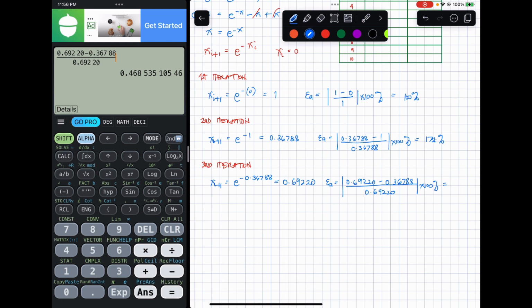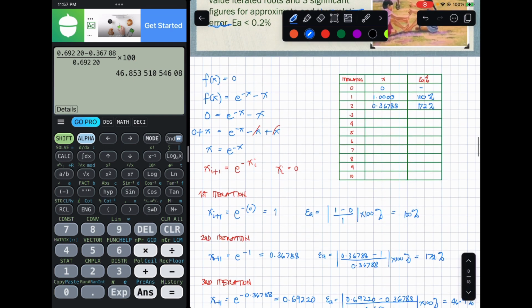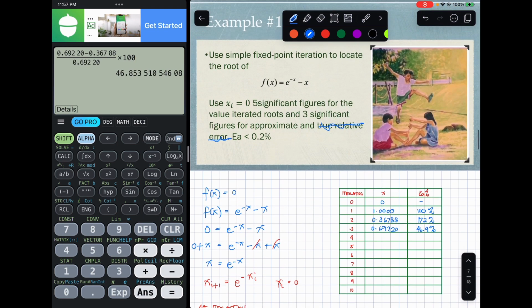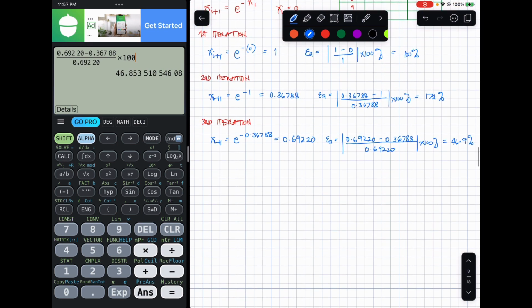So times 100, we have 46.85, 46.9%. And which is far above 0.2%, so we need to do the fourth iteration.